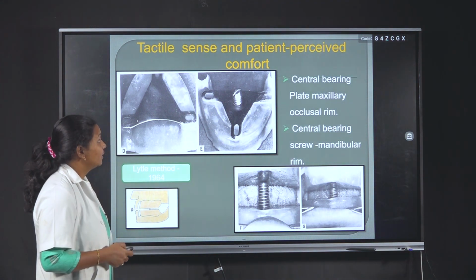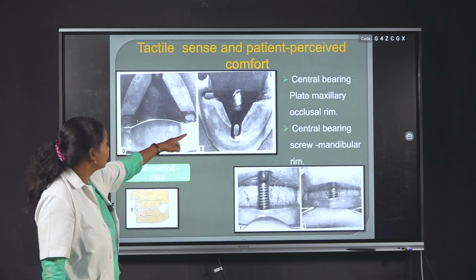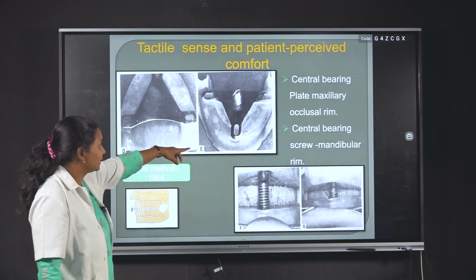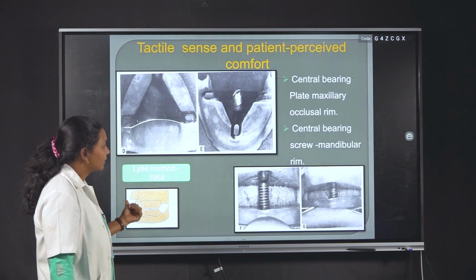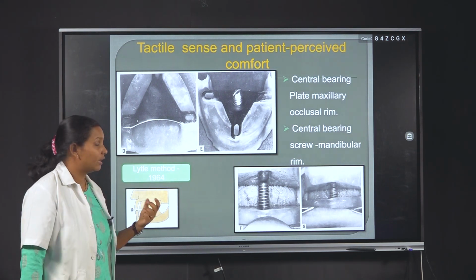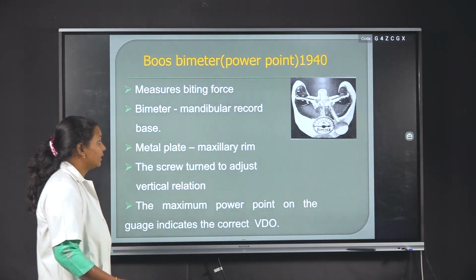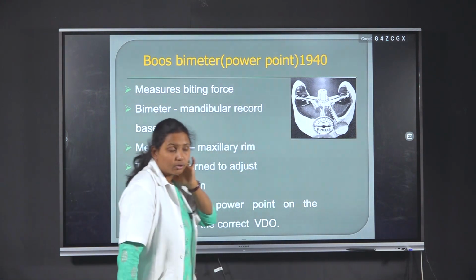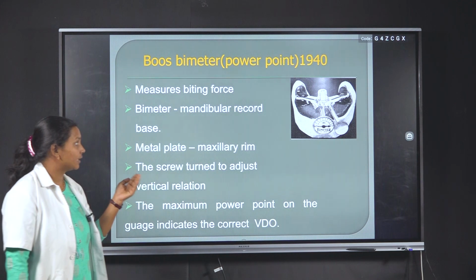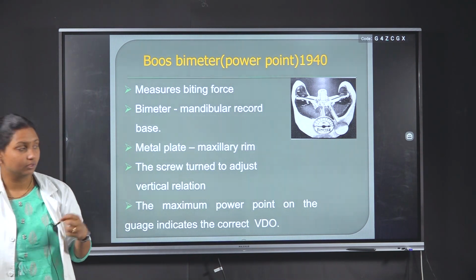Tactile sense. Here there will be a central bearing plate on the maxillary occlusal rim and a central bearing screw on the mandibular occlusal rim. We'll adjust the screw till the correct vertical dimension. This is Boos bimeter. Here there will be a pressure gauge. With that pressure gauge we can measure the maximum pressure exerted while the patient closes the jaws.